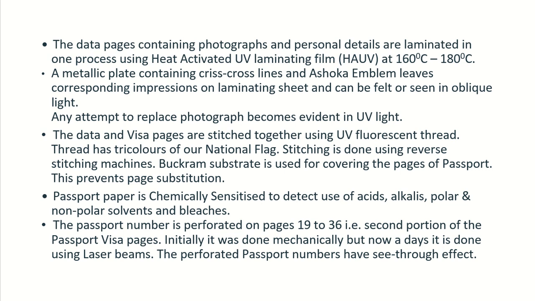Passport paper is chemically sensitized to detect the use of acid, alkali and other chemical agents on it. The passport number is perforated on the second portion of the passport visa pages, that is 19 to 36, using laser beams. So these are the various characteristics of the genuine passport.